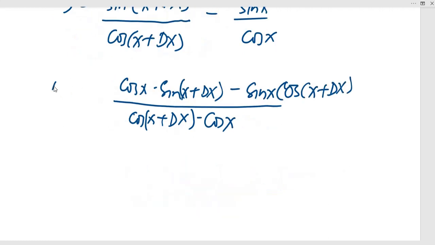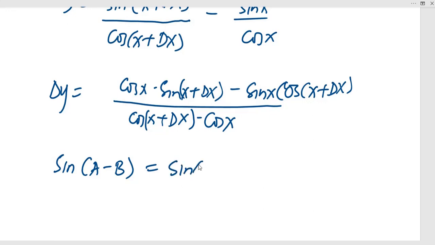Remember, this is delta y. If I look at this expression closely, it must have come out of the expansion of a compound angle using sine. Let us, for example, say sine of a minus b. Sine of a minus b is equal to sine a cos b minus sine b cos a.